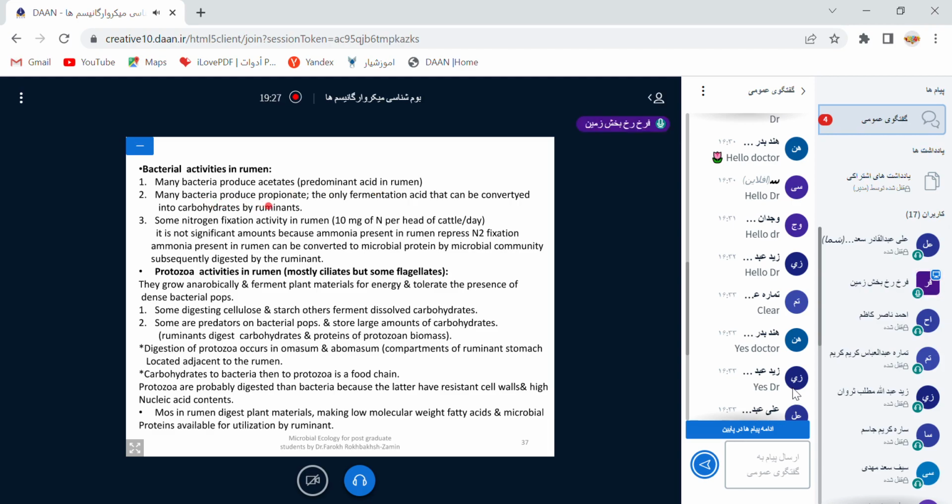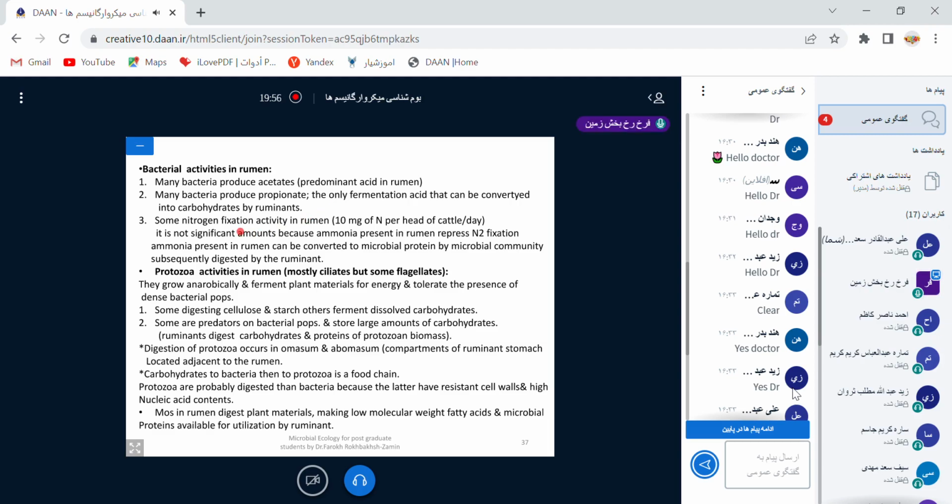Many bacteria produce propionic acid, the only fermentation acid that can be converted into carbohydrate by ruminant. Whatever animals like ruminant receive, they go through catabolism. This acid can be used for catabolism and anabolism also.